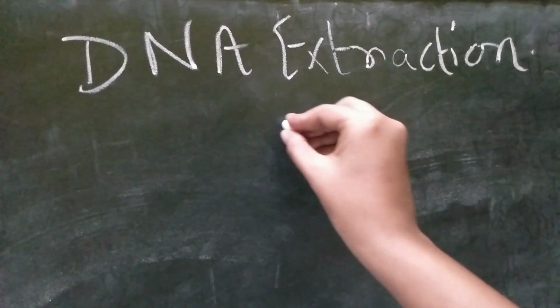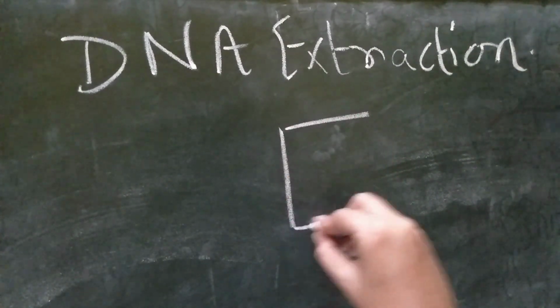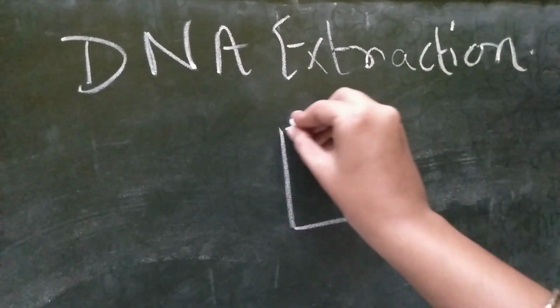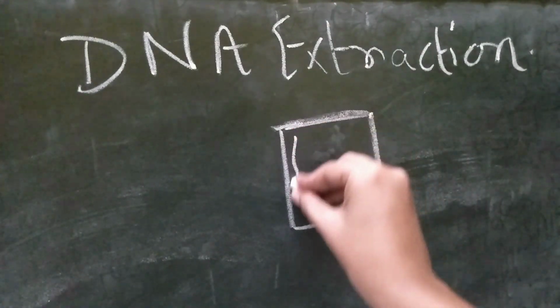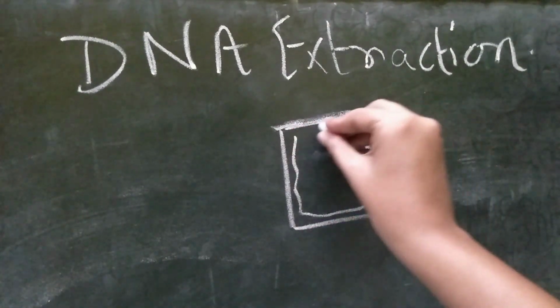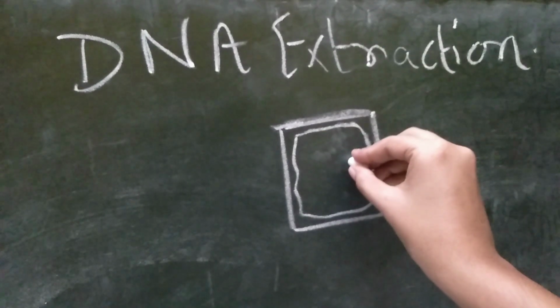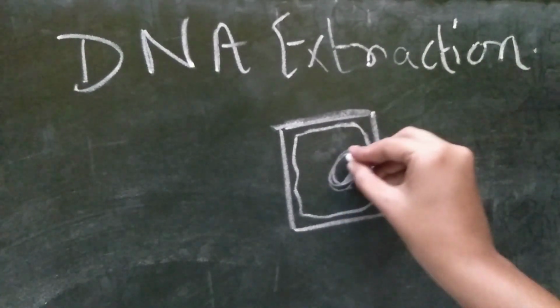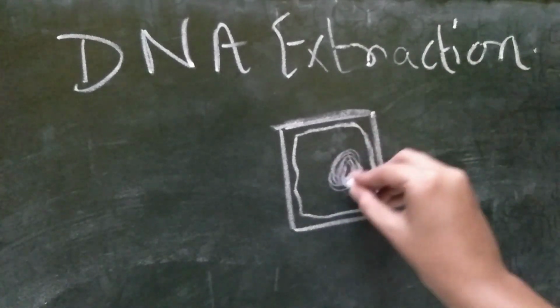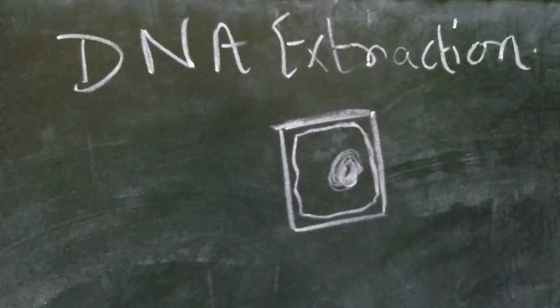Students, as we know, a plant cell has a cell wall, inside which the cell membrane is there, and inside that the cytoplasm is there, and inside the cytoplasm the densely stained nucleus is suspended.